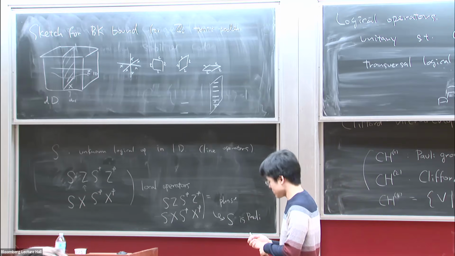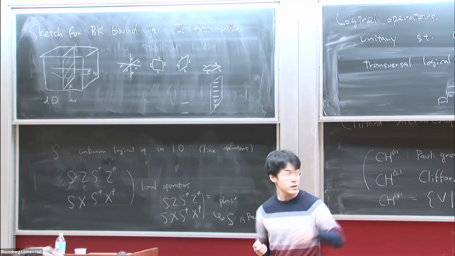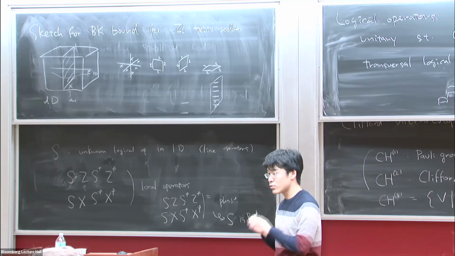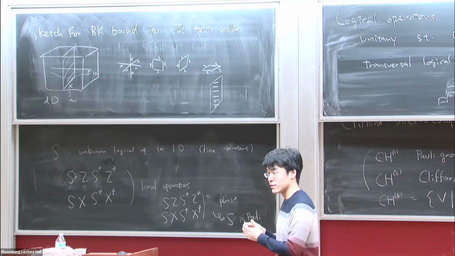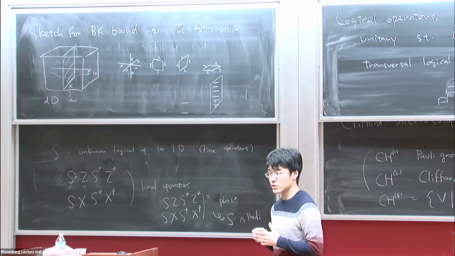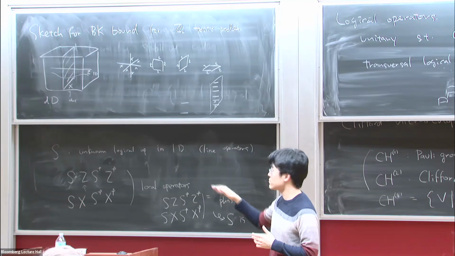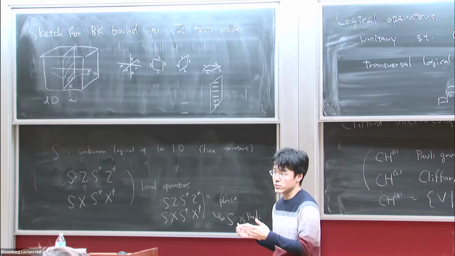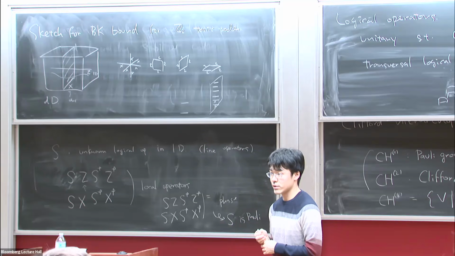Yeah, but the generic statement we can say, based on that assumption, is that you can always find the representative of the logical Pauli operators such that it's supported on a lower dimensional locus. So it has to be equal or lower than d-1 dimensions.